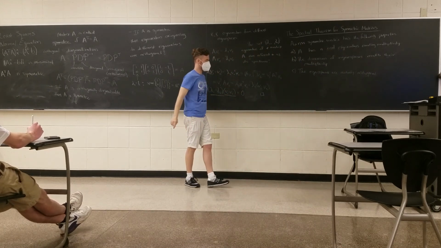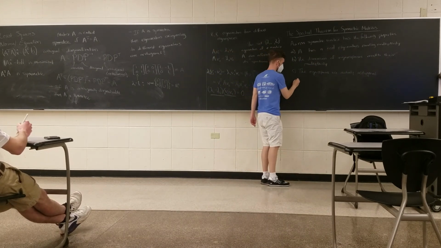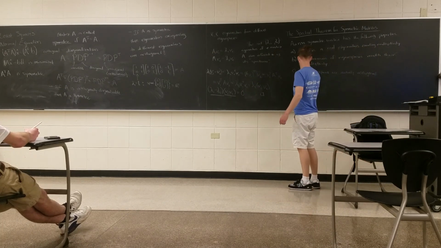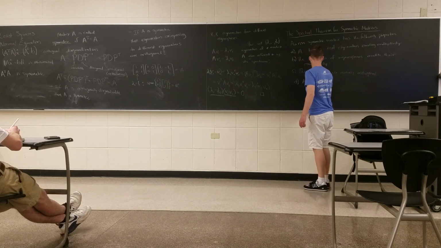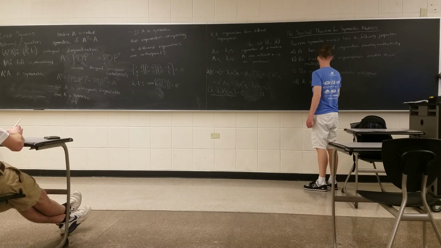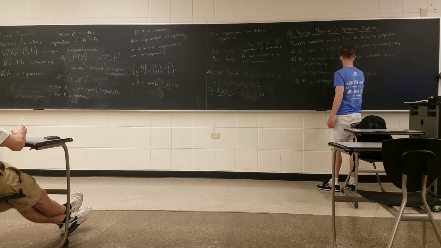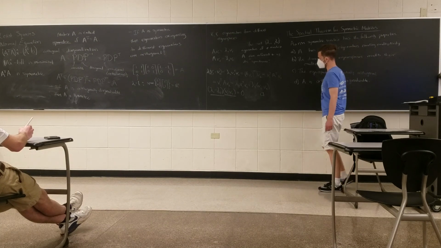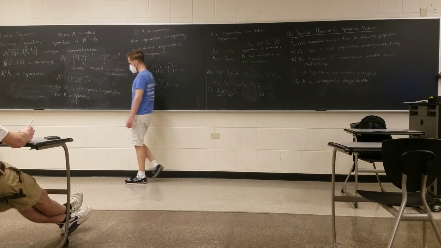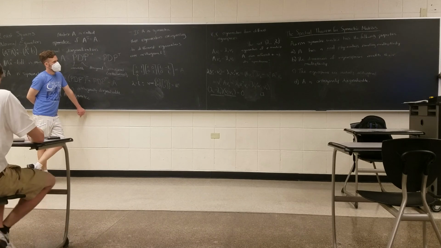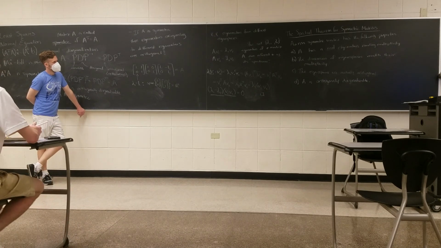If you take eigenvectors from different eigenspaces, they're orthogonal to each other. And finally, A is orthogonally diagonalizable.